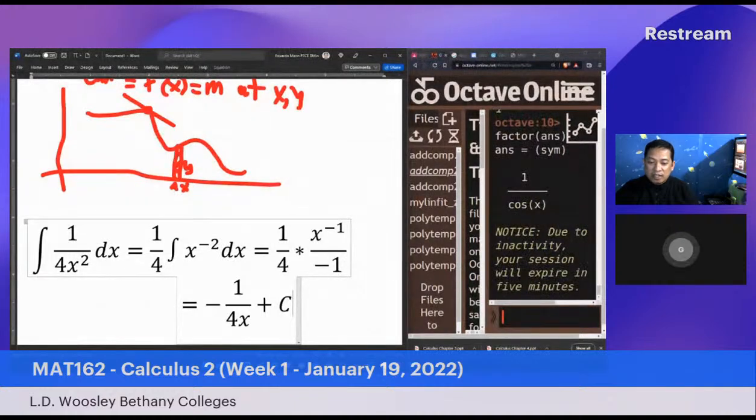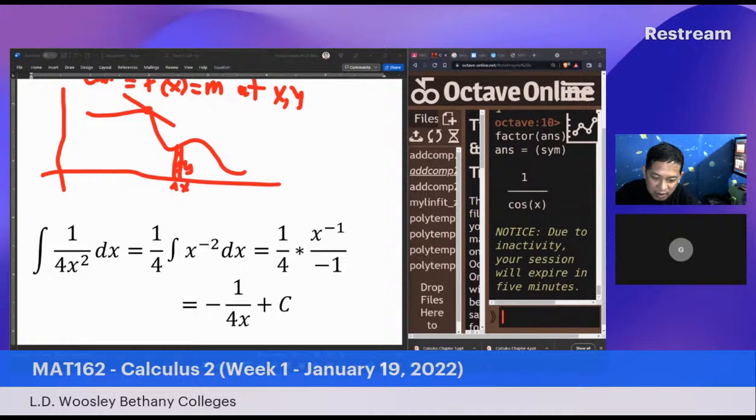Integrate po. 1 over 9, parentheses, x raised to negative 1 over negative 1 plus c po. Okay, correct. Simplify. Negative 1 over 9x plus c. Okay, sige, correct na yun. Pero yung 3, ingat ka, kasi kasama din sa expression.